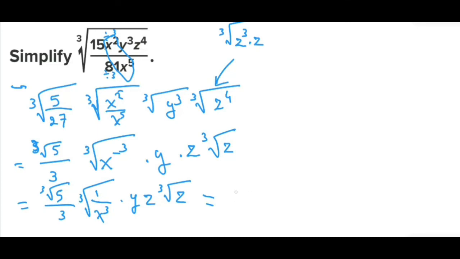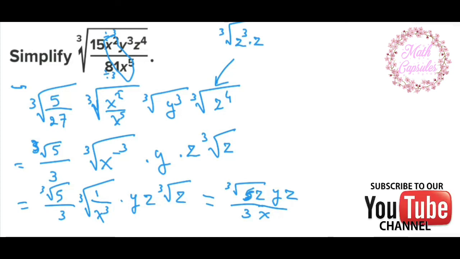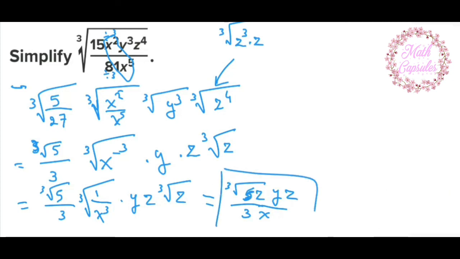That will be only x, so x in the denominator here. So I write cubic root 5 over 3, and 1 over x power 3 under the cubic root will be only x in the denominator, and yz, and the z under the cubic root I can write beside the 5, so cubic root of 5z. So this will be the final answer here.